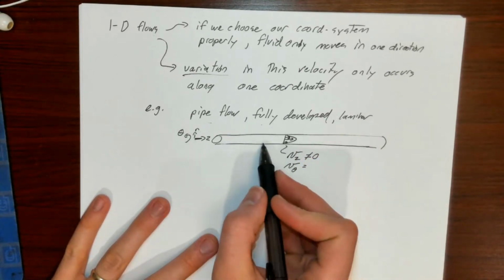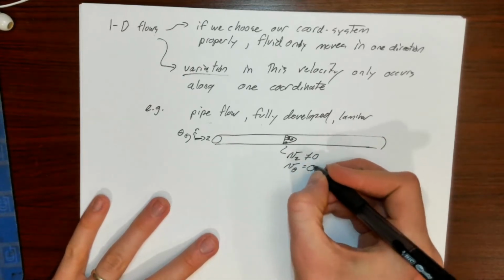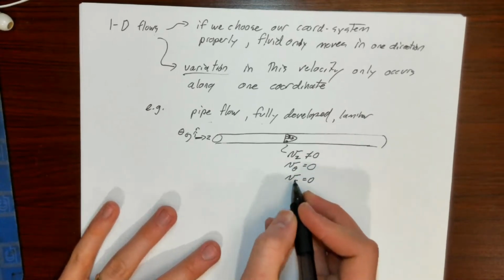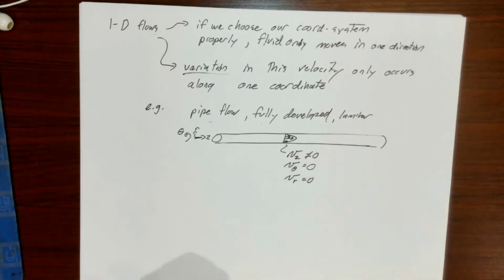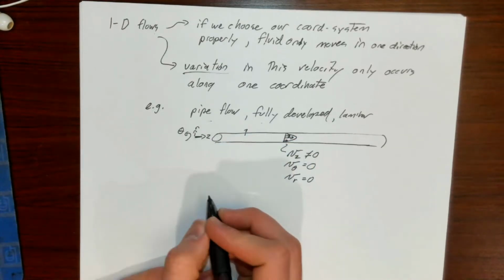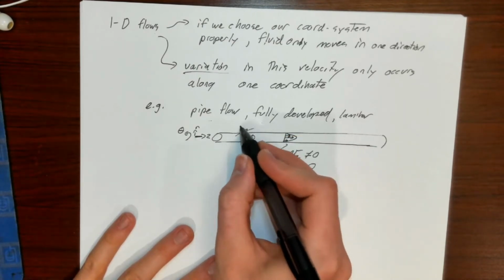We don't have flow swirling as it goes down the tube. So there's no velocity in the theta direction, nor is there any velocity in the r direction as well, right? So we don't have flow exiting out of the sides of the pipe, nor do we have any flow swirling around.